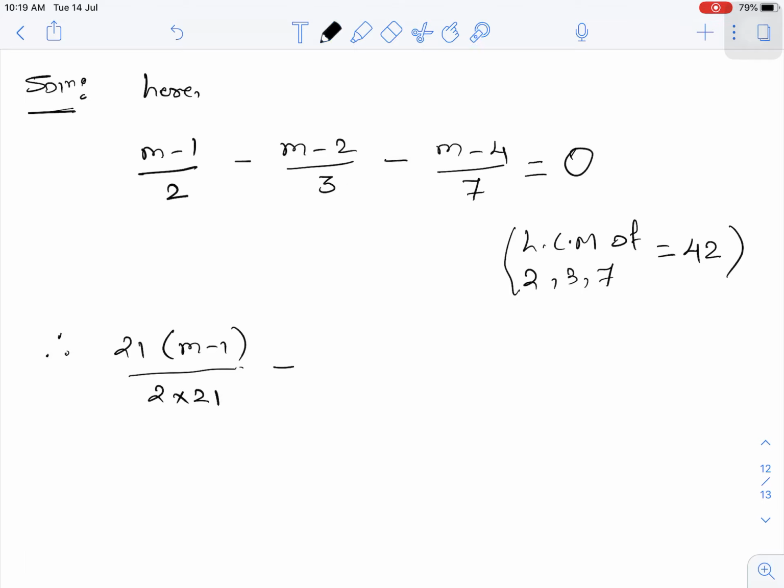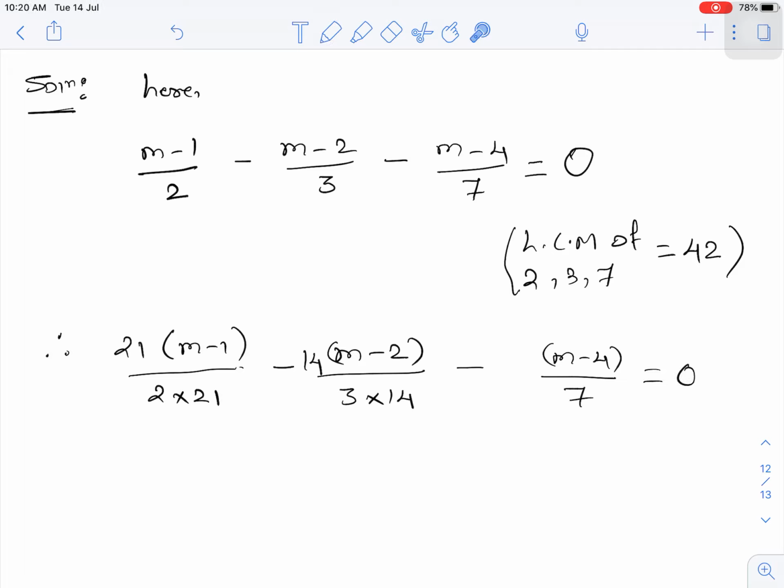Let me write it as it is, m minus 2, divided by 3. Now 3 into what will give you 42? 3 into 14 will give you 42. So by the same number we have to multiply the numerator also. Okay, then again we have minus. Next we have m minus 4 upon 7 equals 0.